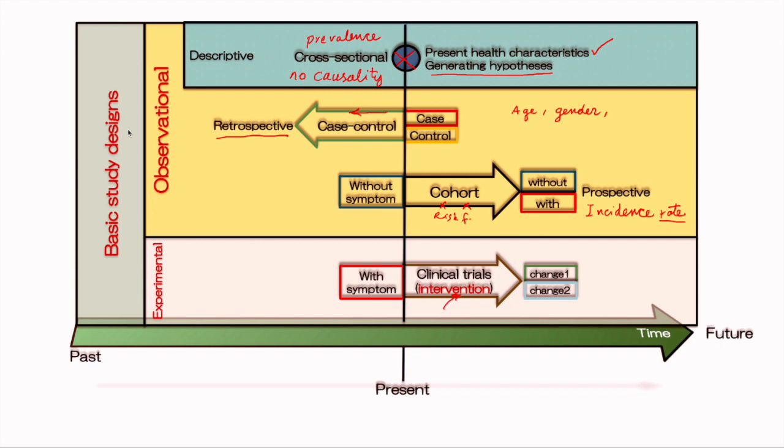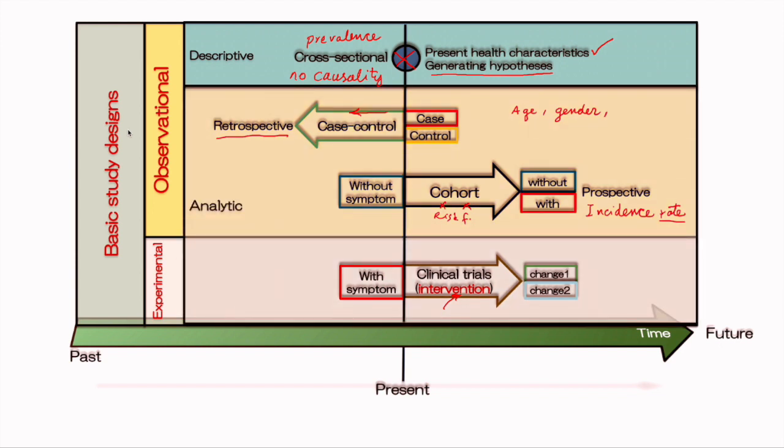Well, in the next lectures, we are going to talk about analytical statistics. As you see, we have descriptive statistics here, but we have more analytic statistics in case control, cohort, and clinical trials.